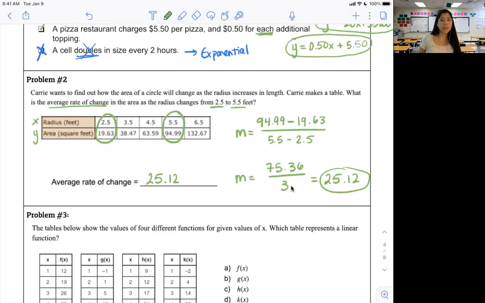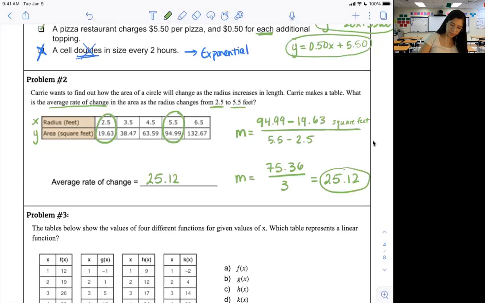Now, the units for this one are a little weird, but let's see if we can figure it out. Remember that the numerator is the y values. What are the units? Square feet. And then what are the x values?